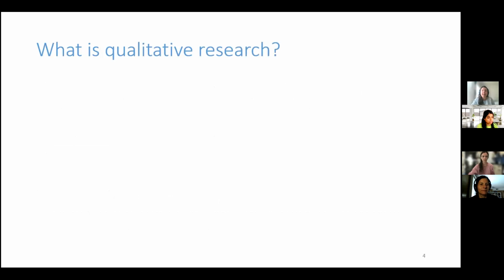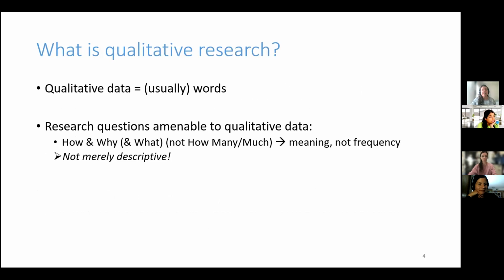All right, so what is qualitative research? Qualitative data usually consists of words, although I don't want to overgeneralize. Sometimes it's pictures or videos, but let's just say that it's typically words, and that's what we'll be focusing on today. And there are certain research questions that are more amenable to qualitative data.